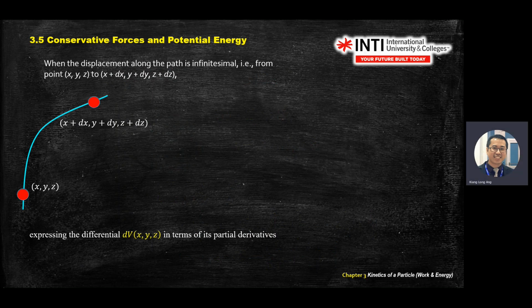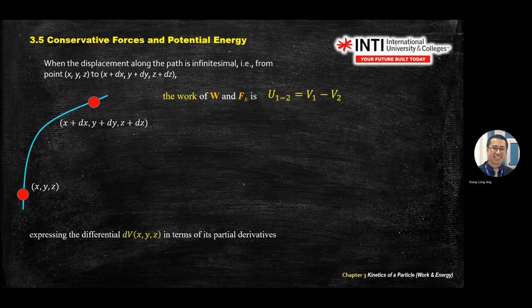So let's say you have one particle moving from bottom to top. At the bottom, you have a three-dimensional location, x, y, z. At the top, there's a change of x, change of y, change of z. So you have three location changes. The work done, W, by the force will give you U 1 to 2 equal to potential energy 1 minus potential energy 2.